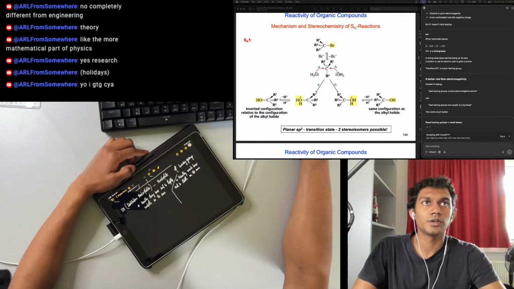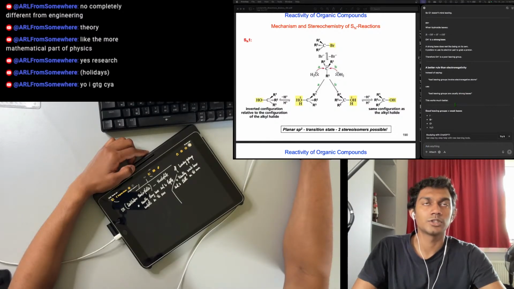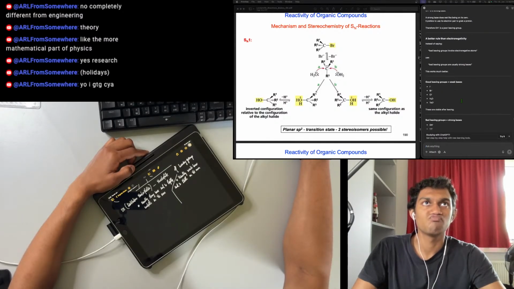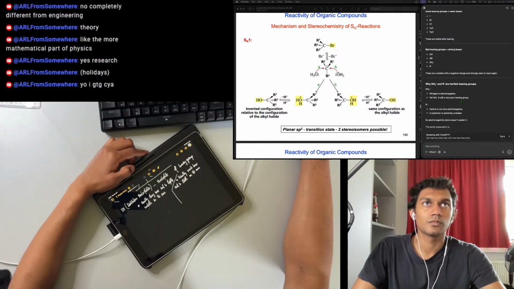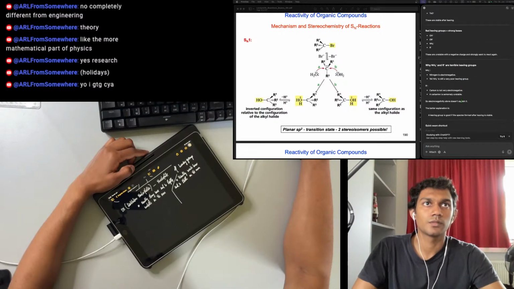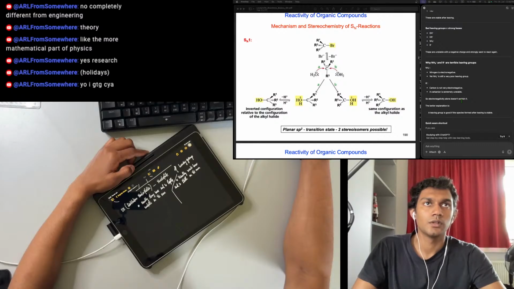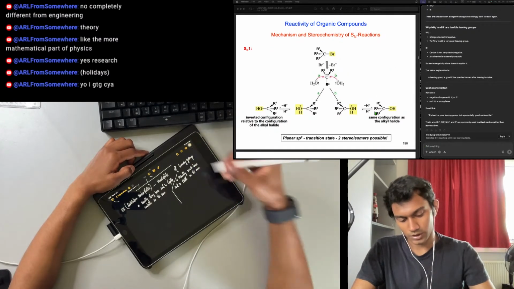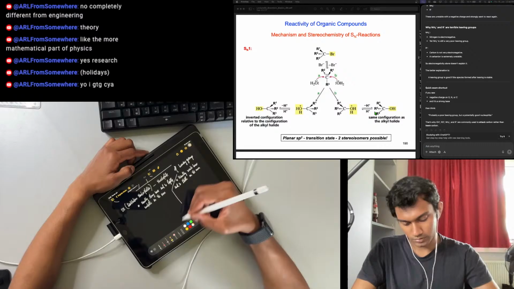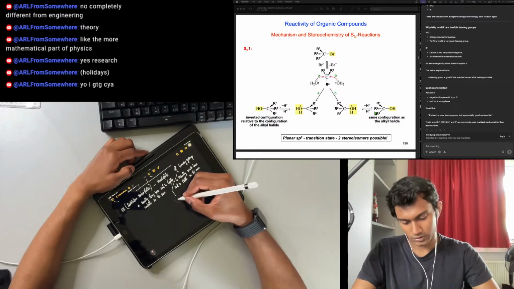Bad leaving groups, works much better. A leaving group is good if the species formed after leaving is stable. Okay, I think that's enough for me. I think I got a pretty good explanation of what the leaving group and nucleophile are.